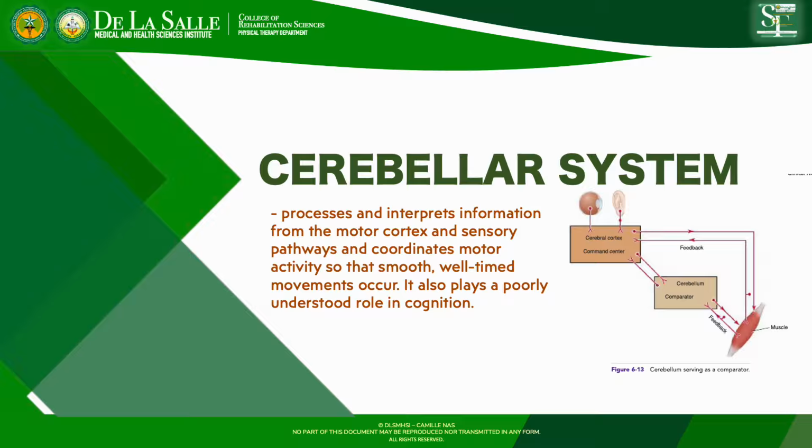The cerebellar cortex will then calculate the best way to coordinate all of the important components, such as the force, direction, and extent of muscle contraction, to prevent incoordinated movement or overshooting, for example, when you're trying to reach for your phone.